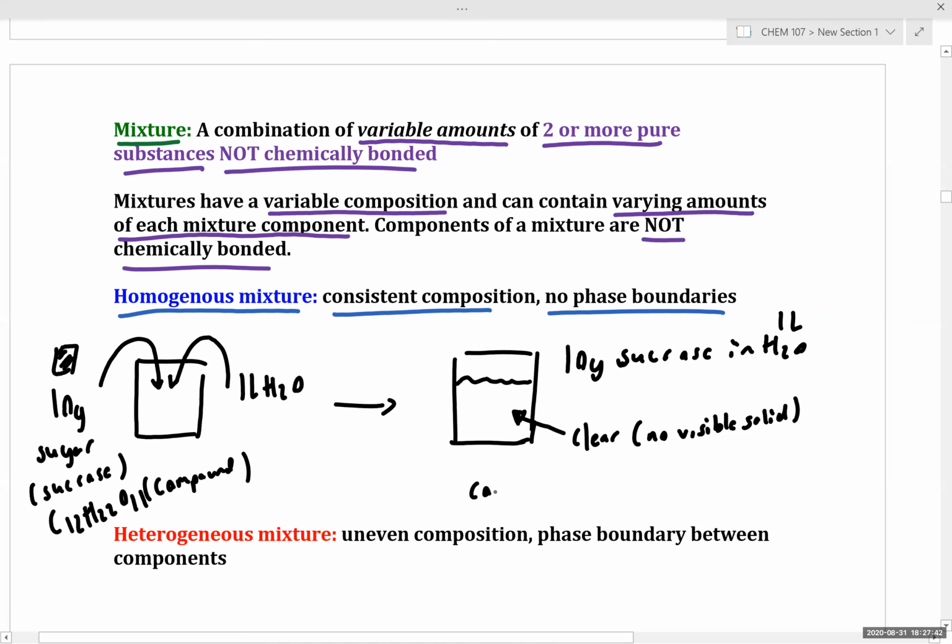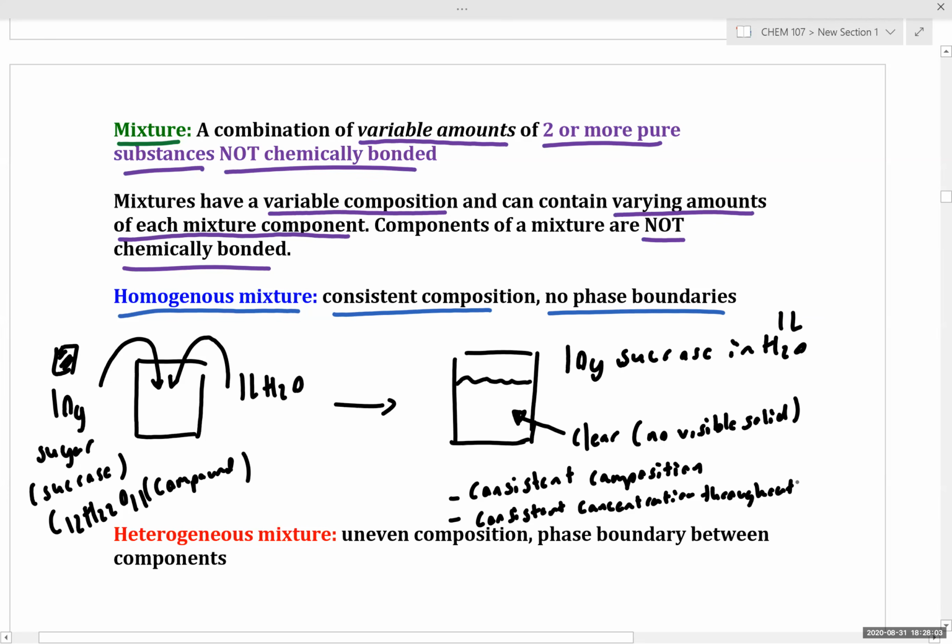It has a consistent composition and a consistent concentration throughout.